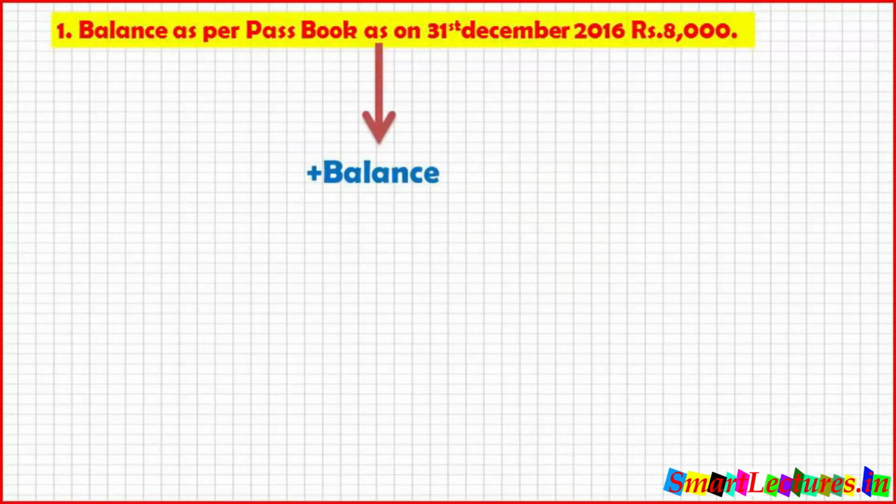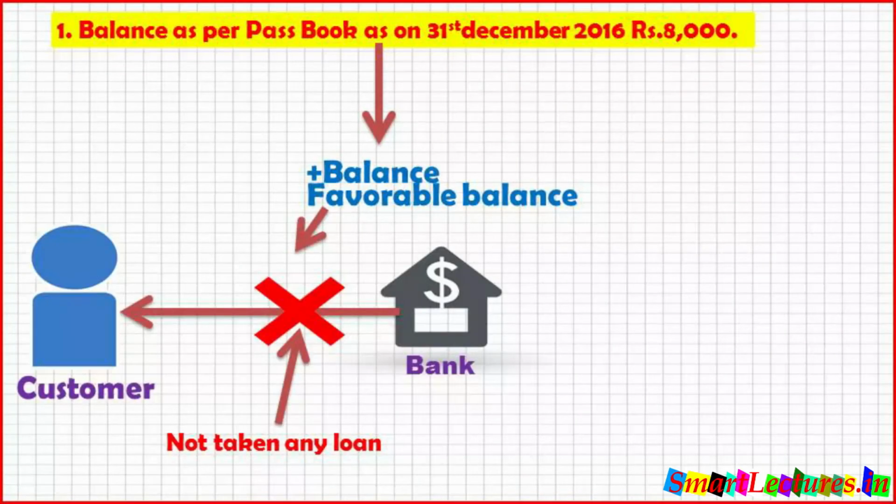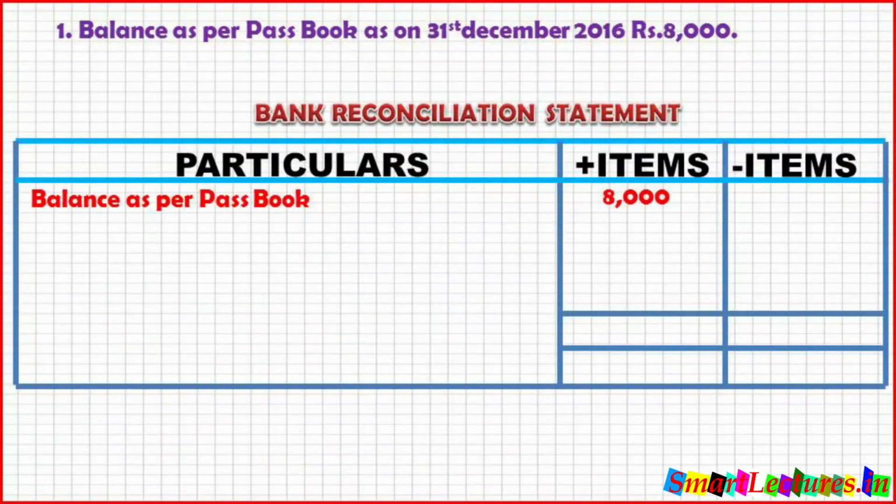And balance as per passbook is a positive balance, or you can say favorable balance. Positive balance means the customer has a deposit with the bank. The customer has not taken any loan from the bank. So first of all, we will start with balance as per passbook 8,000 in the plus items.